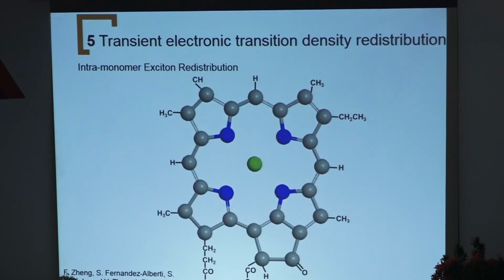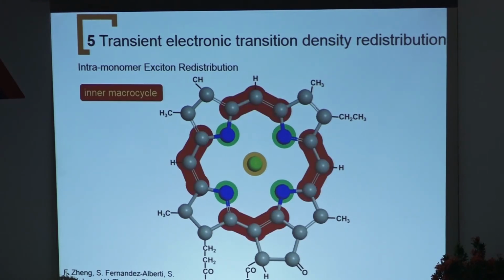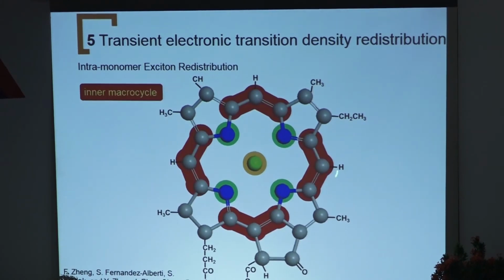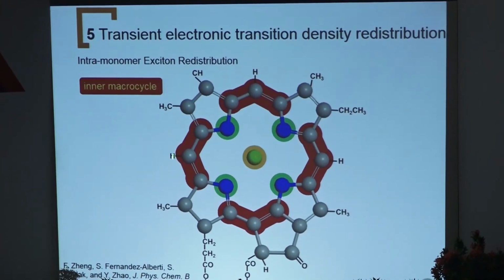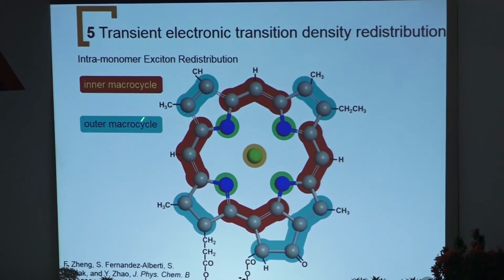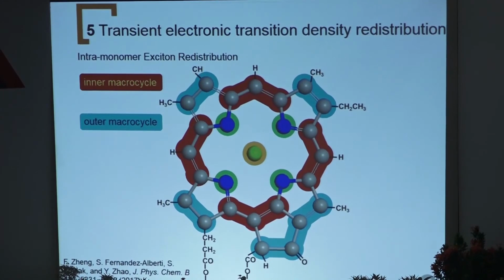Finally, before I pack up this short talk, we're looking into the transient electronic transition density redistribution within the monomer, so intramonomer excitation redistribution, and we will look at this magnesium atom. These are the 4 nitrogen atoms, and this outer layer we call the inner macrocycle, and finally this is the outer macrocycle.